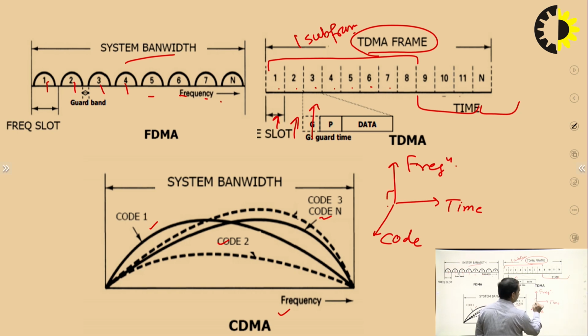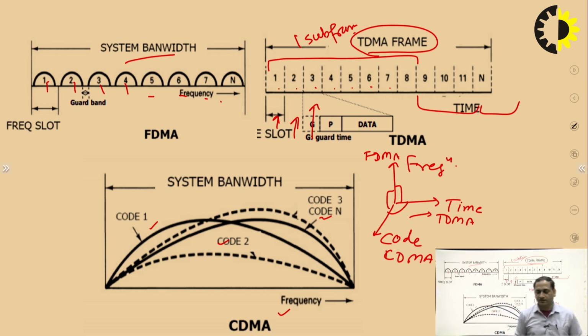So all these three must be orthogonal to each other, so that we can transmit the data. If we take the time in this way, then the system will be TDMA, above it will be FDMA, and below it will be CDMA.